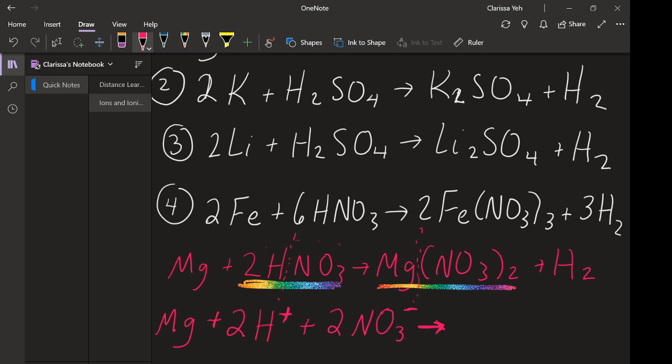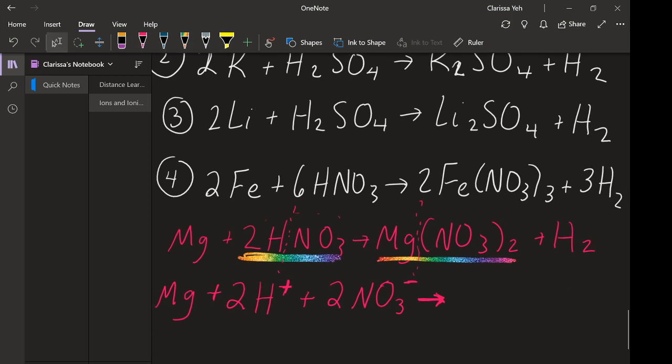Then I'm going to work on my magnesium nitrate. Magnesium is in group 2, so it's going to form a 2 positive charge. And then that 2 on the outside of the bracket means I have 2 lots of NO3. And once again, NO3 forms a negative charge.